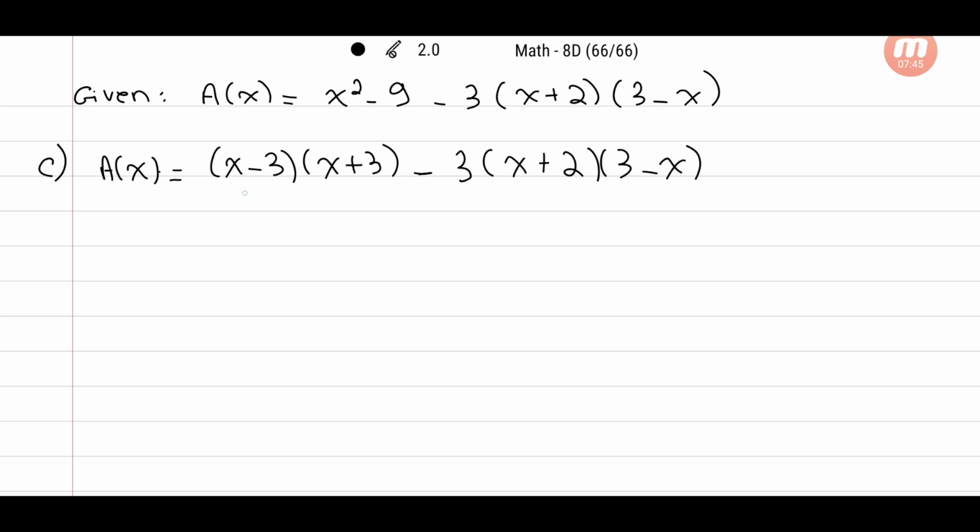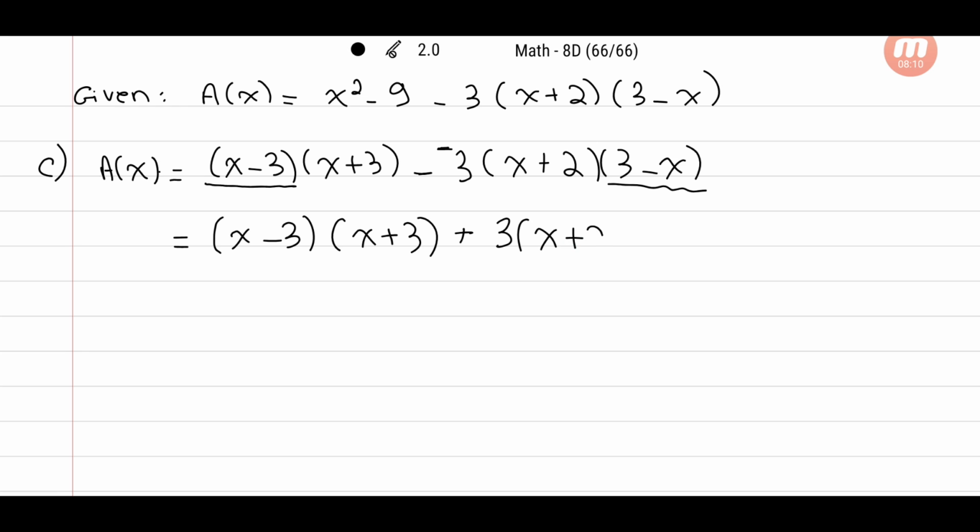Now, I still don't have a common factor, but here I have x − 3, and here I have 3 − x. So if I take minus as a common factor, 3 − x becomes x − 3. (x − 3)(x + 3), so I take minus here as a common factor. Now minus times minus is plus 3(x + 2)(x − 3).